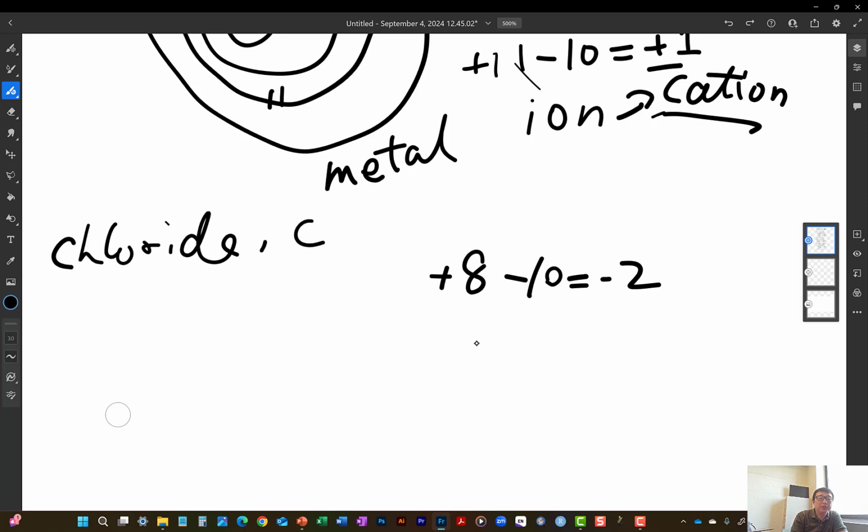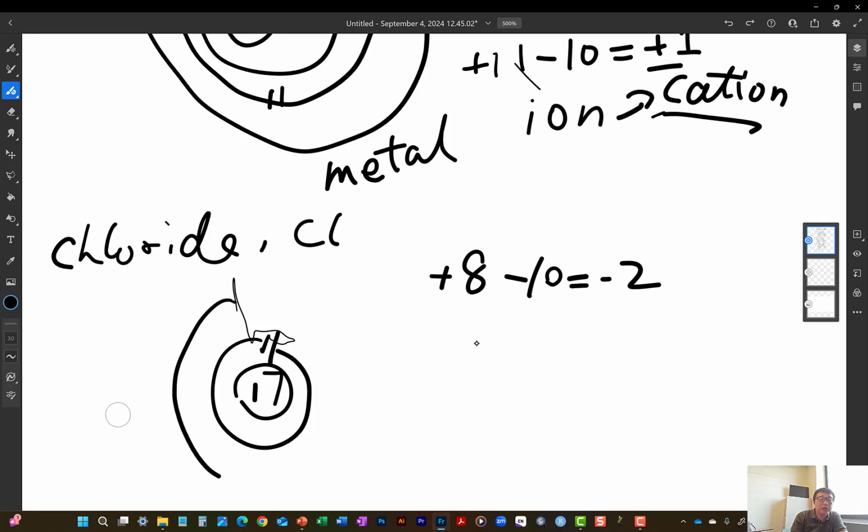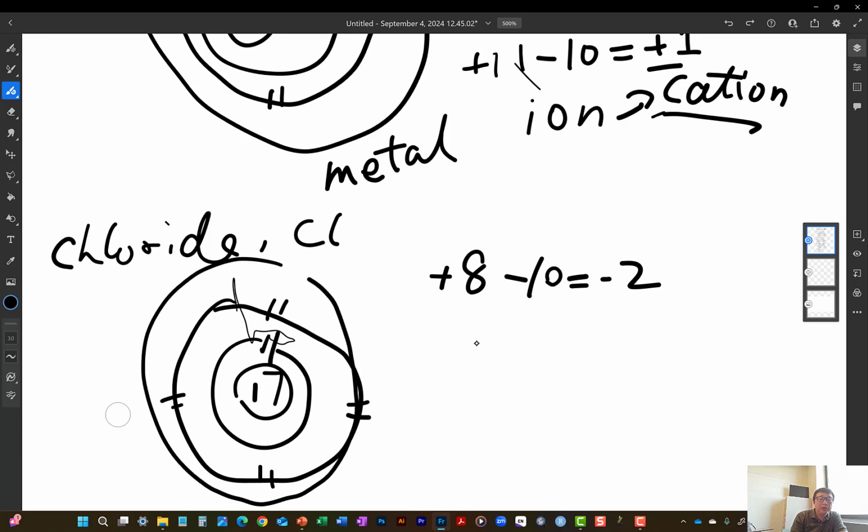Now you heard this, Cl. Cl has 17 in the center. So in the first shell, 2. In the second shell, 8. In the third shell, oh, sorry, my drawing, 1, 2, 3, 4, 5, 7.